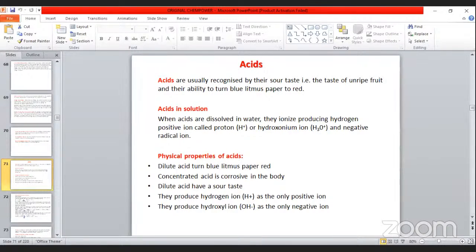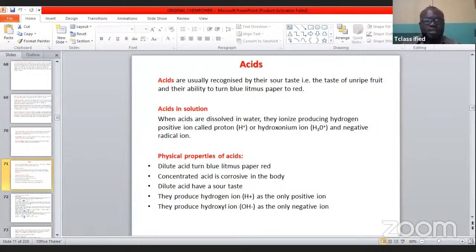When acids dissolve in water, they are ionized, producing hydrogen positive ions called protons or hydronium ions. Dilute acid turns blue litmus paper red, like I said before. Concentrated acids are corrosive in nature; when you touch them, the effect is very bad on the hand.